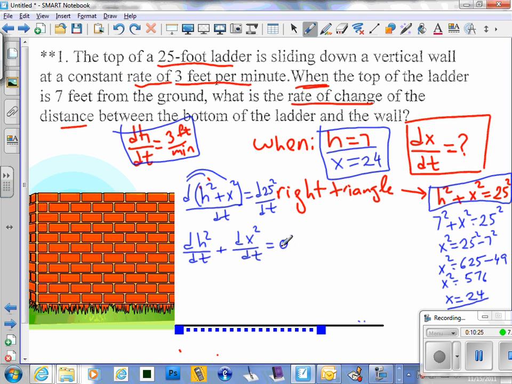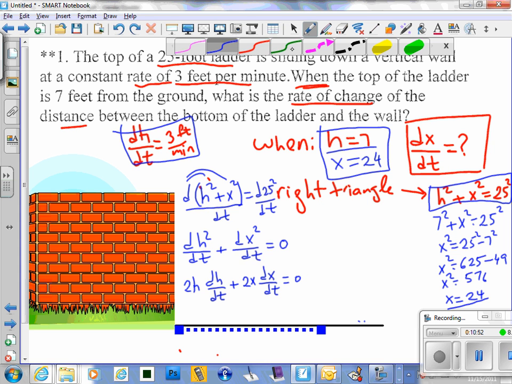So the rate of change of an unchanging thing is going to be 0. Let's continue. Here we have 2h times dh over dt plus 2x times dx over dt equals 0.